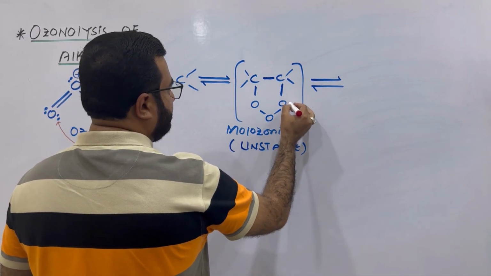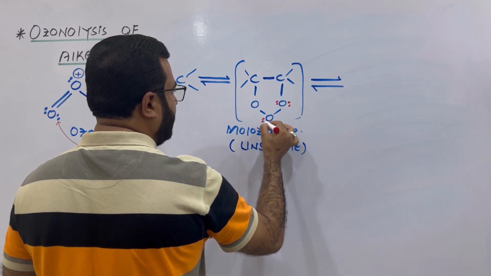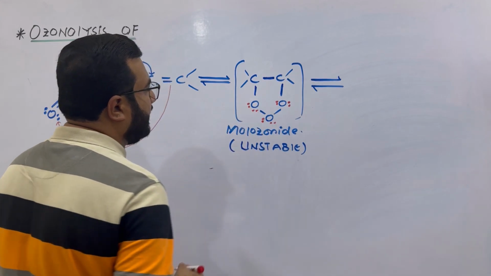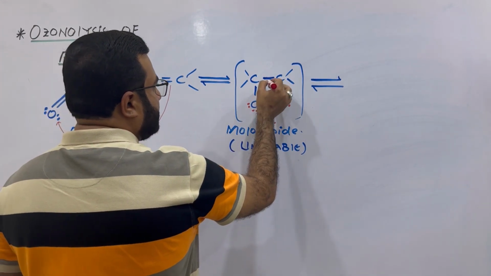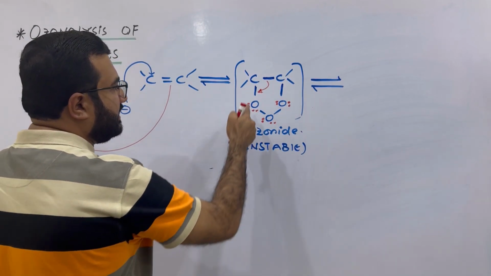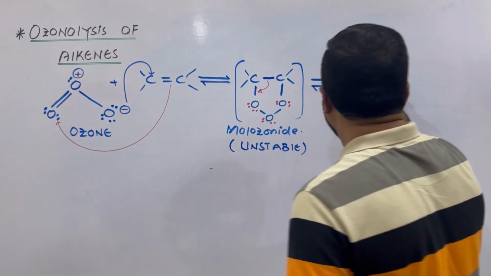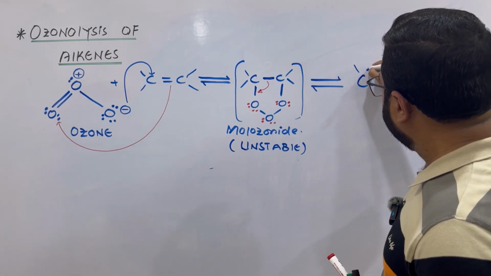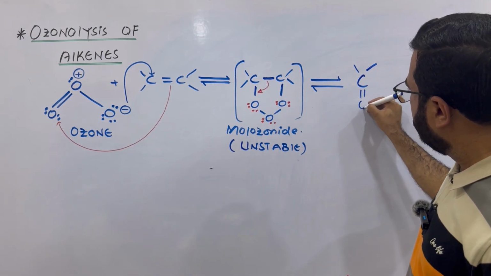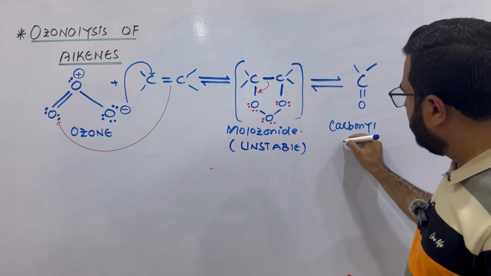Dear students, all oxygens in this mole ozonide have two bonds, so they will have two lone pairs of electrons. This carbon-carbon bond will be shifted between this carbon and oxygen, and there will be a double bond now. So you will get C. These two bonds are unspecified, and here a double bond will form. So first of all, you will get a carbonyl compound.